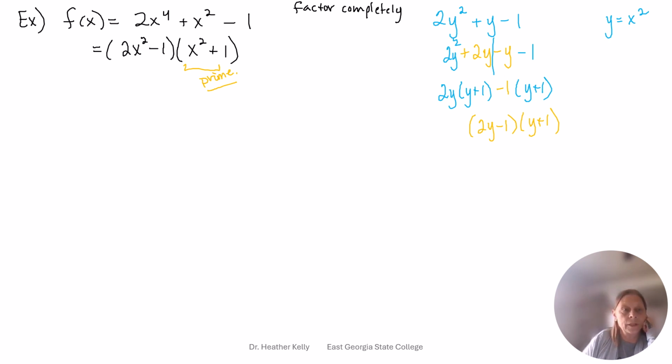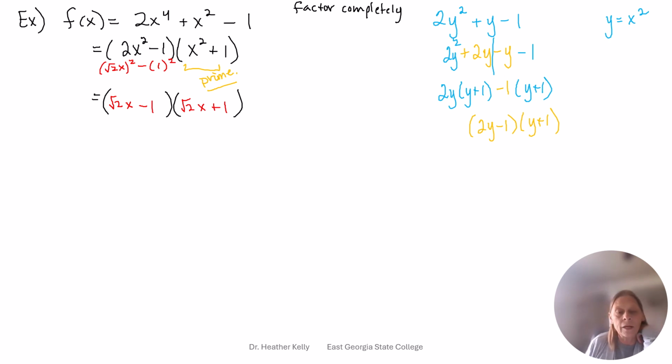There's a couple of different ways we could do it, but I'm going to do it as the difference in squares. And this is going to be the square root of 2x squared minus 1 squared. So this is going to be the square root of 2x minus 1, square root of 2x plus 1.